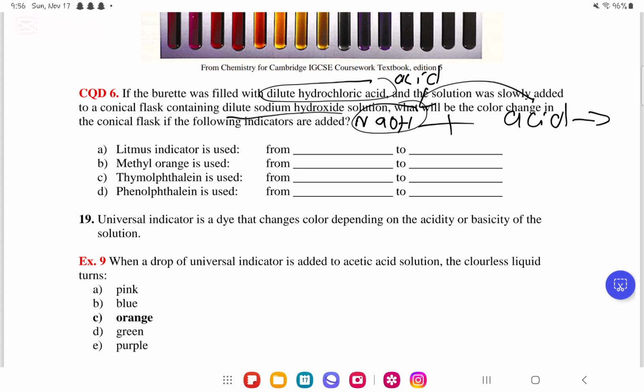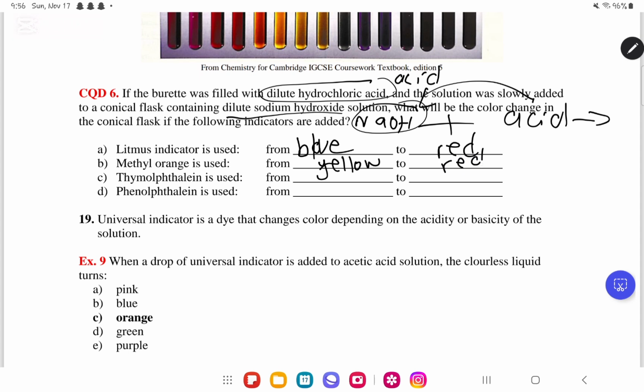Originally, it was a base, and a base in the litmus indicator is blue. However, because we're adding an acid, it will slowly turn to red, because red in litmus is acid. Now, methyl orange, if it is a base, then it is yellow, and since we're adding an acid, it will slowly turn red.